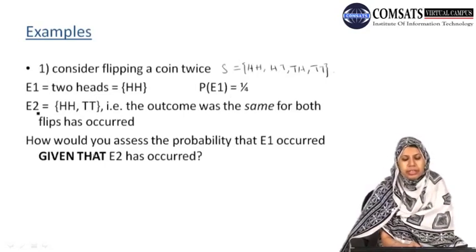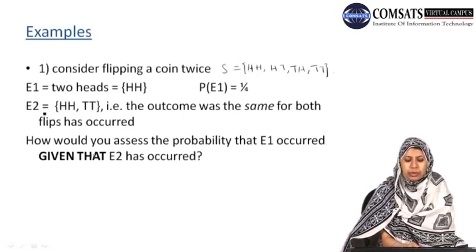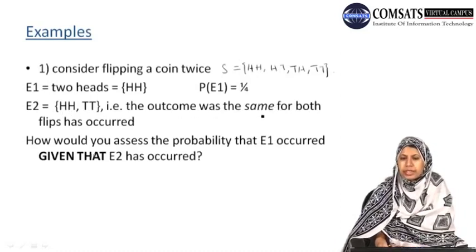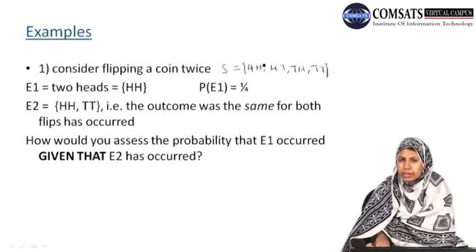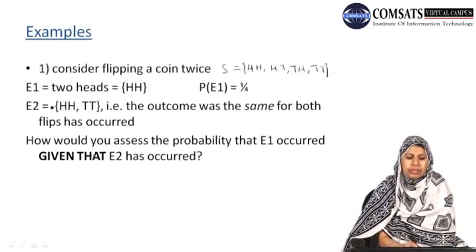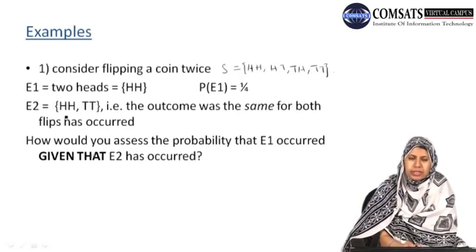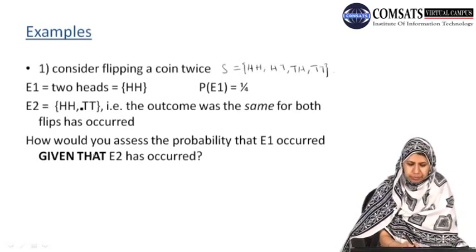We consider event E2 having 2 outcomes, that is head-head and tail-tail, described as the outcome was the same for both flips. So in both the flips we are obtaining either the head or the tail. So the event E2 has 2 outcomes, head-head and tail-tail.